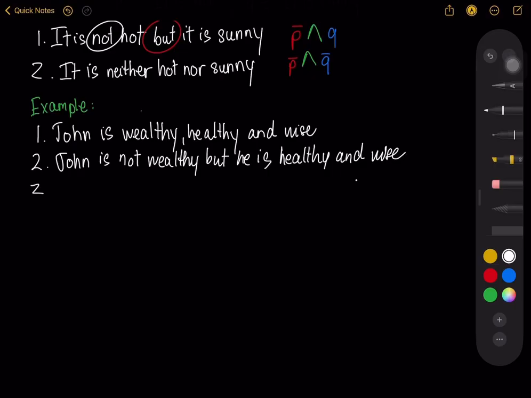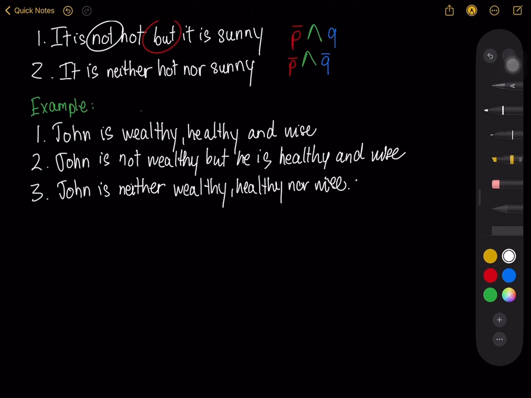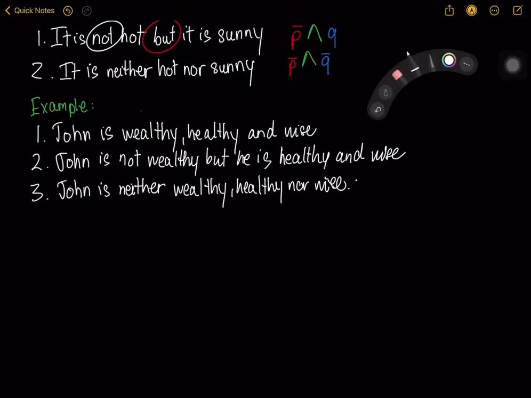Our third one is: John is neither wealthy, healthy, nor wise. All I want you to do is convert these sentences symbolically. Okay, go ahead, pause, and do this problem.